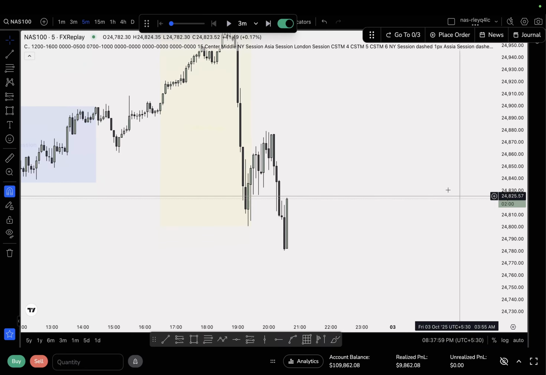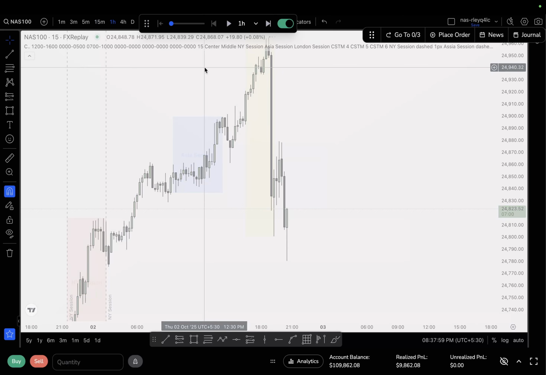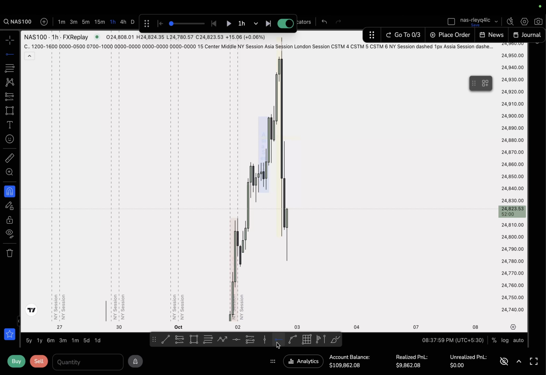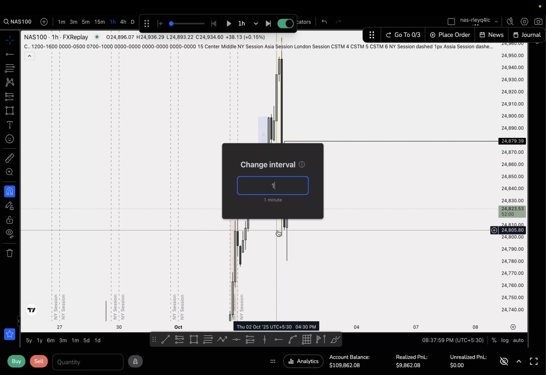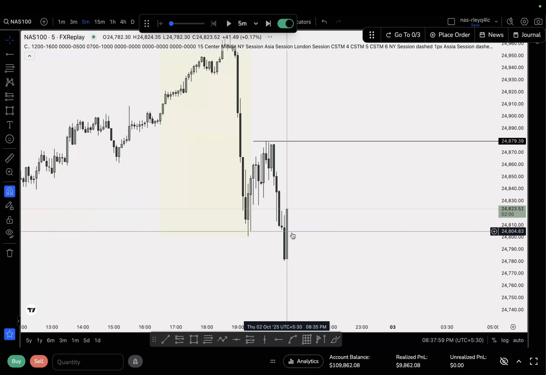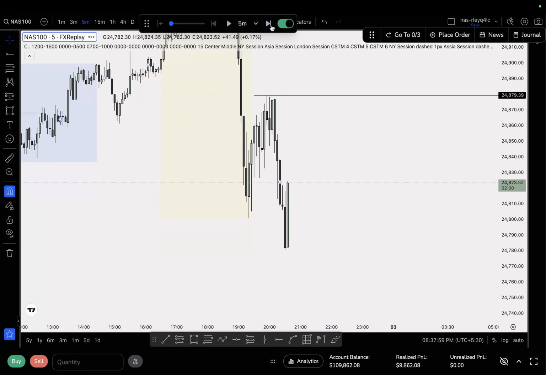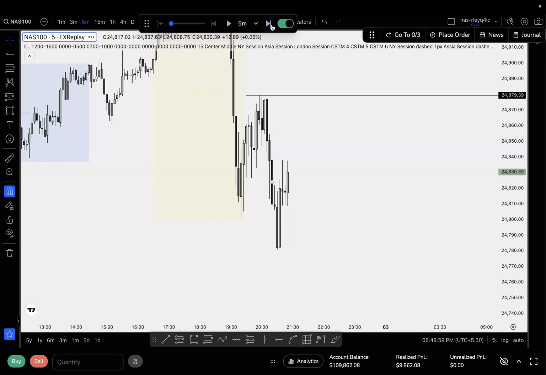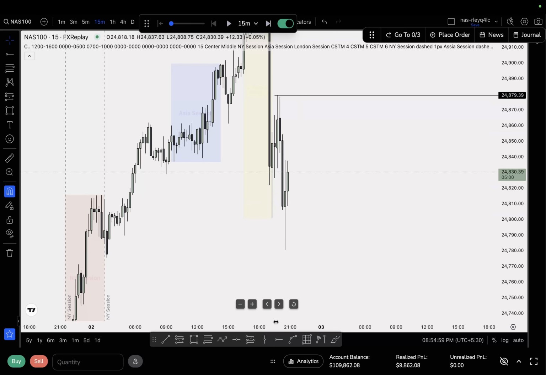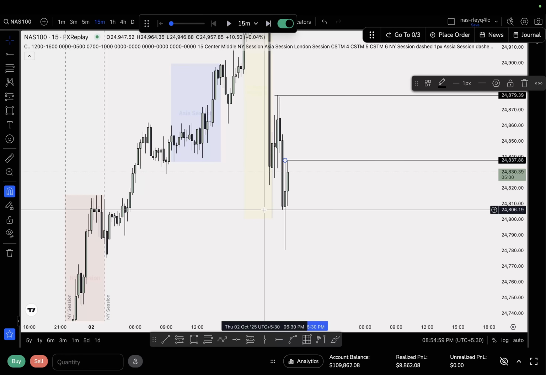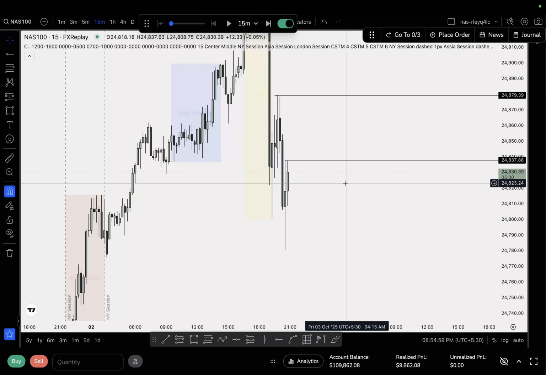More drawings. Is there an hourly gap higher? Yes. This is gonna be my draw, but I need good reaction from 5 minute or something. 15, 5. We have this 15 minute gap. Sorry, 5 minute.